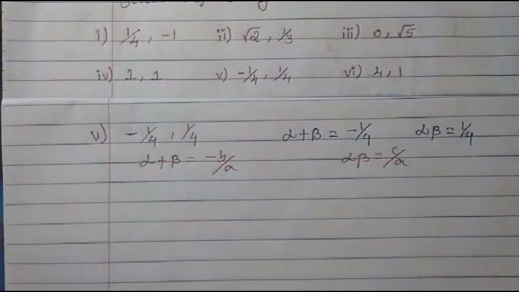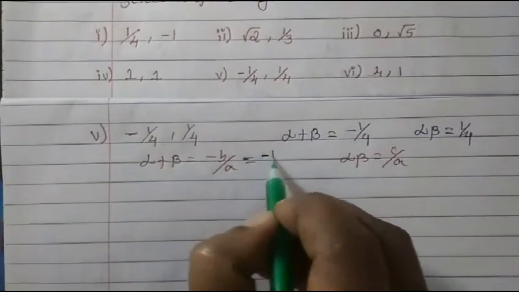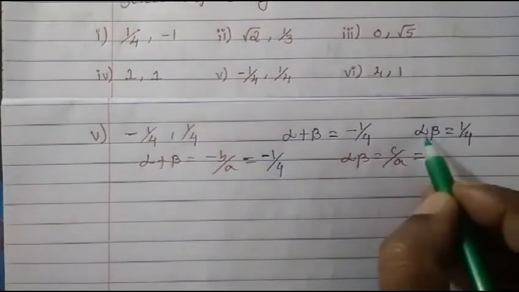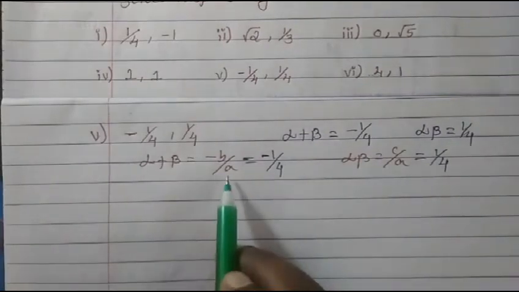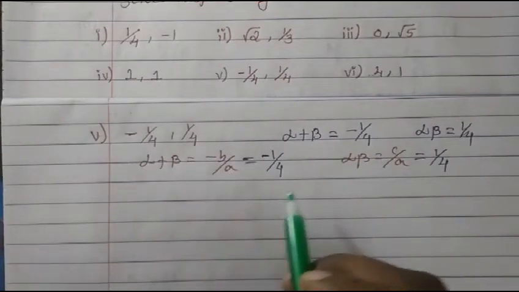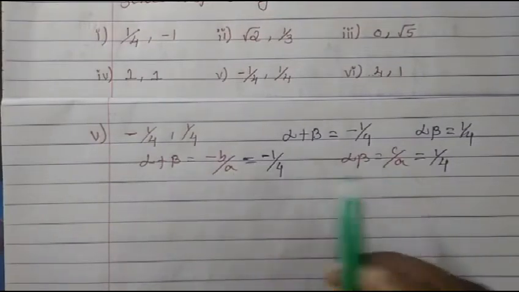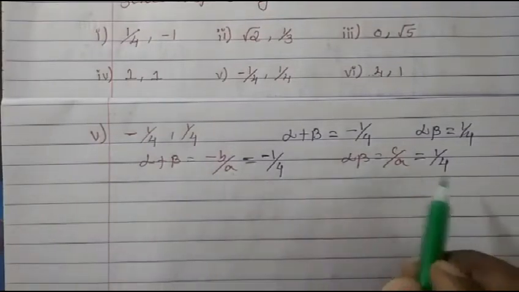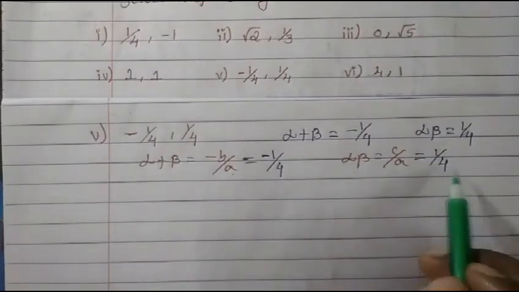Now always I told you in this method you have to see the denominator first. In the denominator, here also a, here also a. Therefore both sides should have the same number. So here we have 4, here also we have 4. So there is no problem.